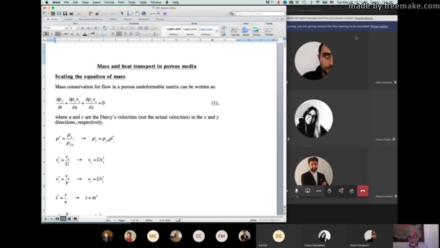Now the momentum equation, as momentum is a vector, not a scalar, you have an equation of momentum that must be conserved in the different directions of space. So actually you will have three equations of conservation of momentum, in the x direction, in the y direction, and in the z direction. And then you have conservation of energy. Energy again is a scalar, so you have one equation that describes the conservation of energy.